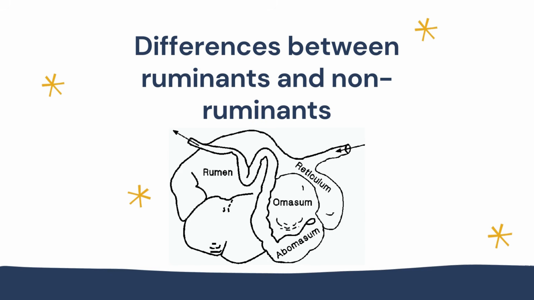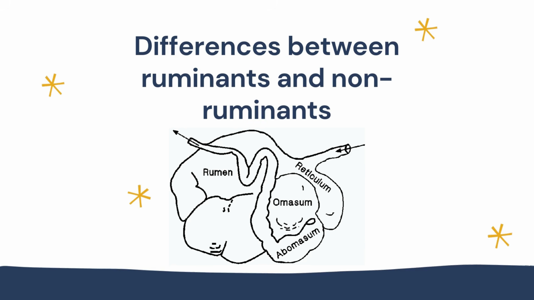Coming to the third part of our lesson today, the differences between ruminants as well as non-ruminants, classifying farm animals. This is important because these animals are different and they serve different purposes, they behave differently, and also they have different digestive systems.